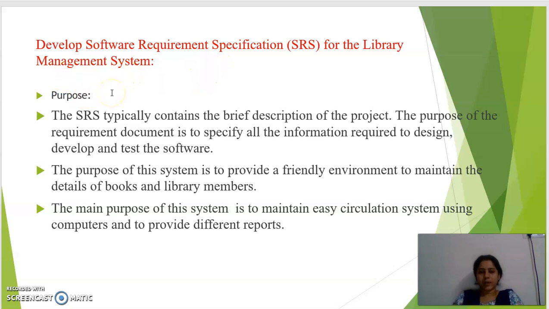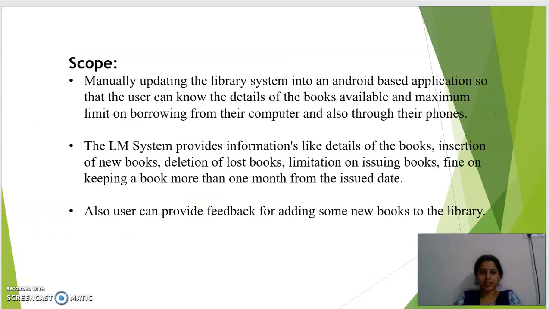Here we will see the purpose, scope, and description of the library management system, and what the functional and non-functional requirements are. The purpose contains a description of the project, which specifically tells how the library management system works, and the scope will tell how efficient it is, whether there are any updates in the future, or whether there are any limitations in the system, such as limitations on issuing books, or a fine on keeping a book more than 1 month from the issue date, or feedback related to adding new books to the library. All those things are specified in the scope section.